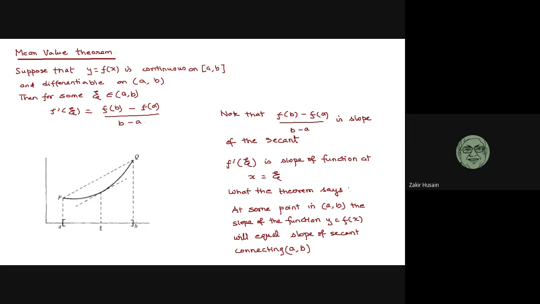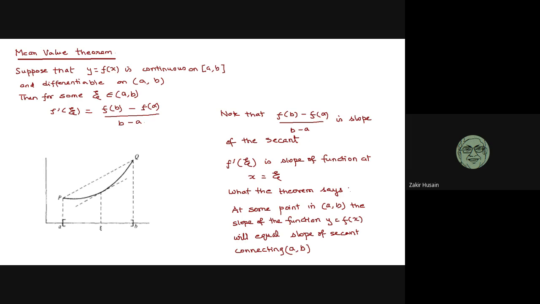So as I've said over here, (f(b) minus f(a)) by (b minus a) is the slope of the secant. f prime is the slope of the function, that is the tangent. What the theorem basically says is, at some point within this interval (a, b), the slope of the function y equal to f(x) will equal the slope of the secant connecting a and b.